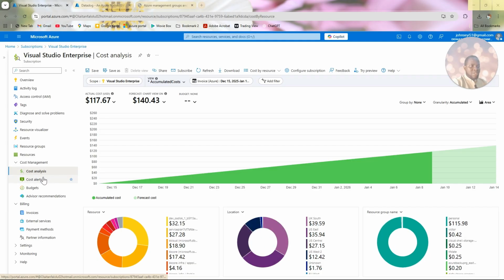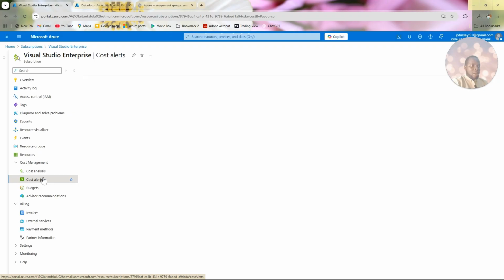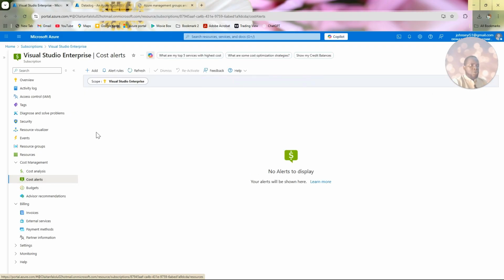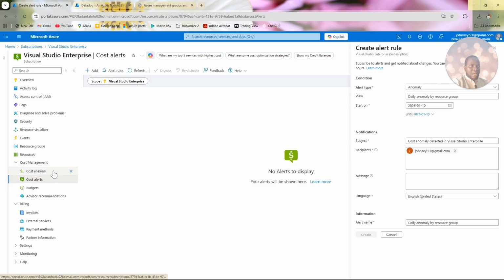Good. Next thing is cost alert. Cost alert talks about, okay, when my resources get to a particular point, I want to receive an alert. For instance, we checked our forecast that on the 4th, my cost will get to $140.